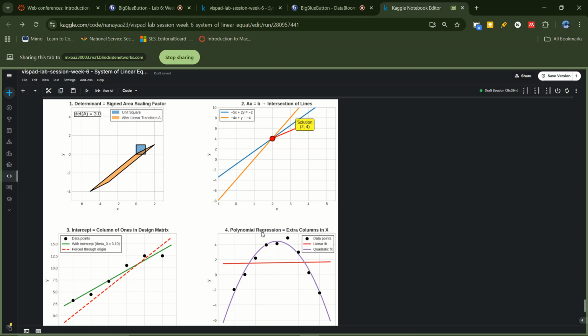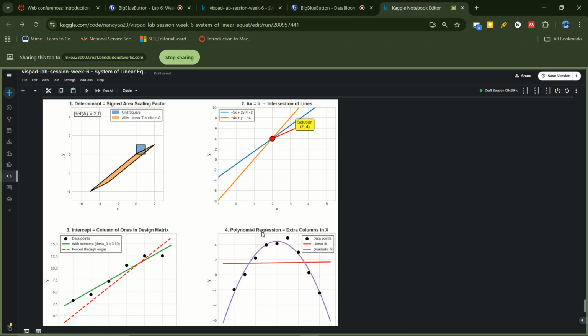The first panel is the determinant, which is the signed area scaling factor. On the top left, realize that the blue square is a unit square. We defined it as a unit square, as we can see for ourselves.